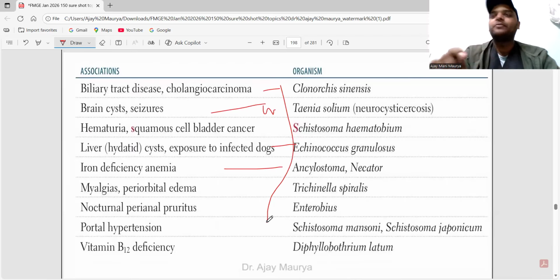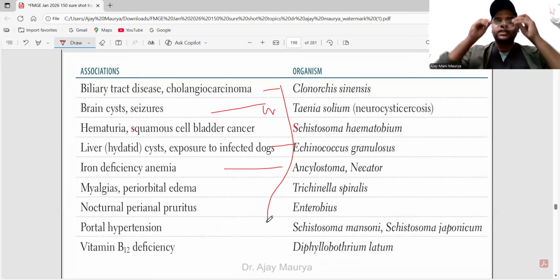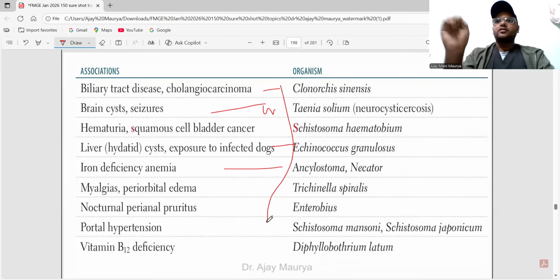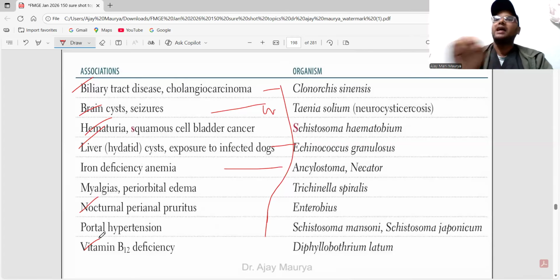What are the common causes? Some common causes of the different conditions, you have to remember. At least remember this, this, this, that's it.